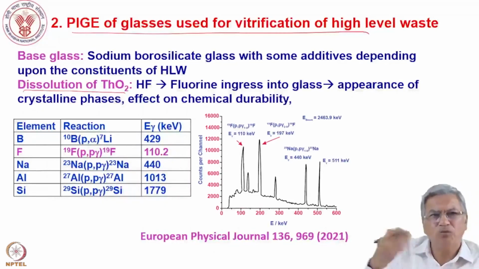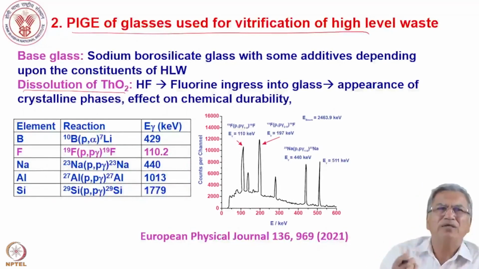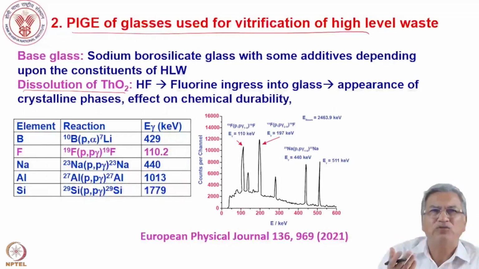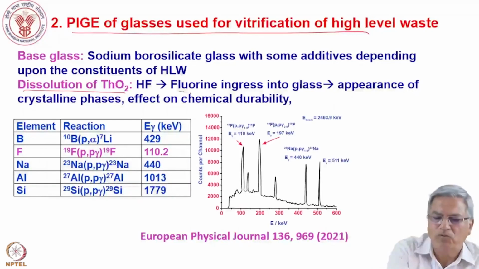Now, thorium, particularly sintered thoria, is very difficult to dissolve. And so, to dissolve thoria, there may be use of hydrofluoric acid, HF. HF is a very reactive acid. So when you do reprocessing, ultimately some fluorine may get into the glass matrix when you are immobilizing.